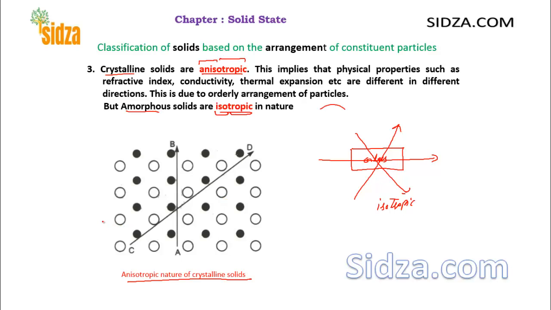Or even if it moves from X to Y, from different directions the ray of light will encounter different types of atoms, different sequences of atoms. Therefore it has different physical properties. So that's why crystalline solids are anisotropic, while amorphous solids are isotropic.